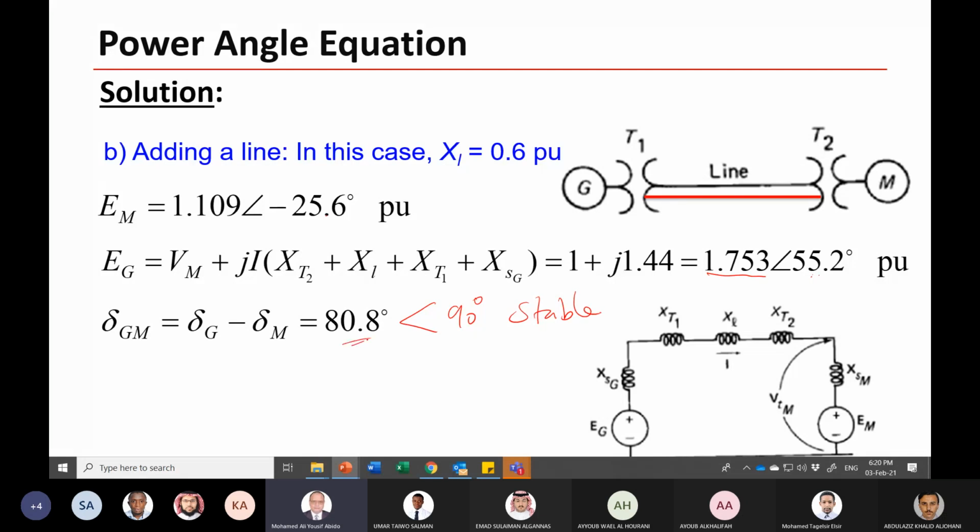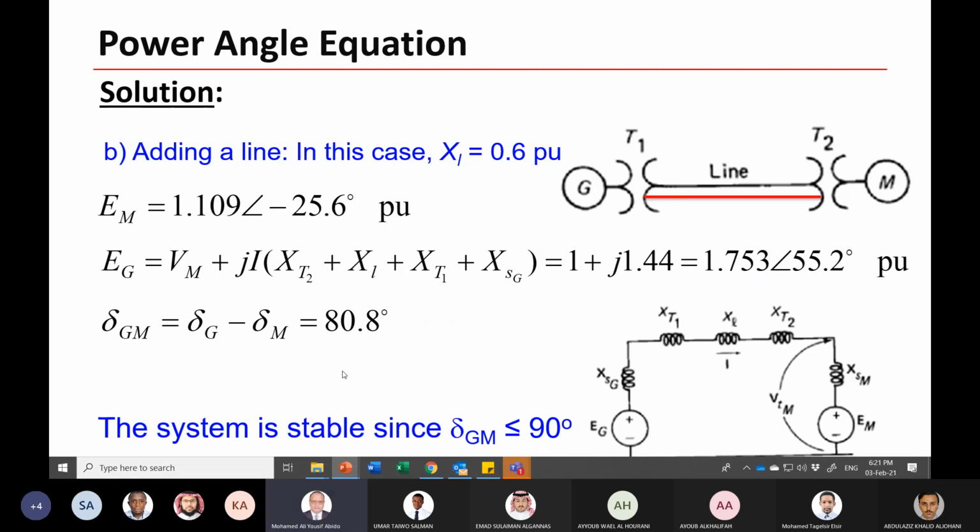Still, 80 is on the high side, and if the system operates at 80 degrees the stability margin is very limited, very close to 90. In normal operation the angle is around 30 degrees, and I hope you answered this question correctly in the quiz. So the system is stable since delta GM is less than 90 degrees.